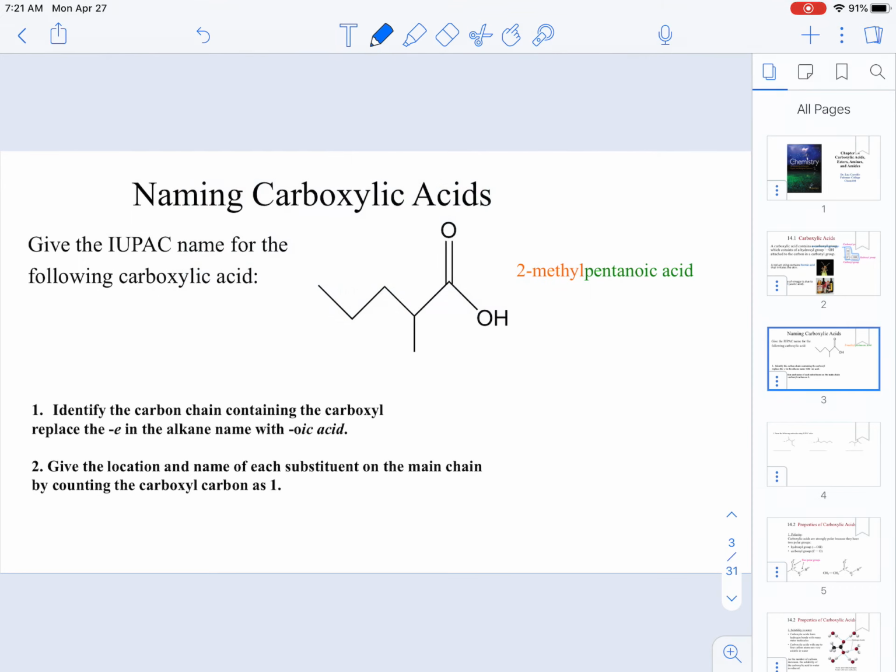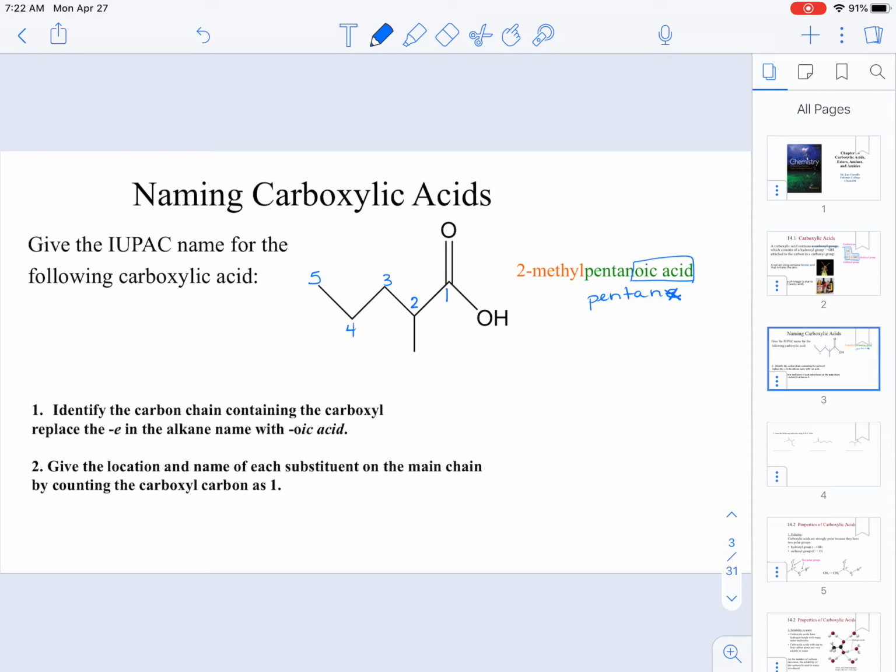So, in the molecule that is given in the example, this is carbon 1, carbon 2, carbon 3, carbon 4, and carbon 5. So, if we first write as the longest carbon chain pentane, remember, we're going to remove the E in the alkane name, and then we're going to place oic acid.